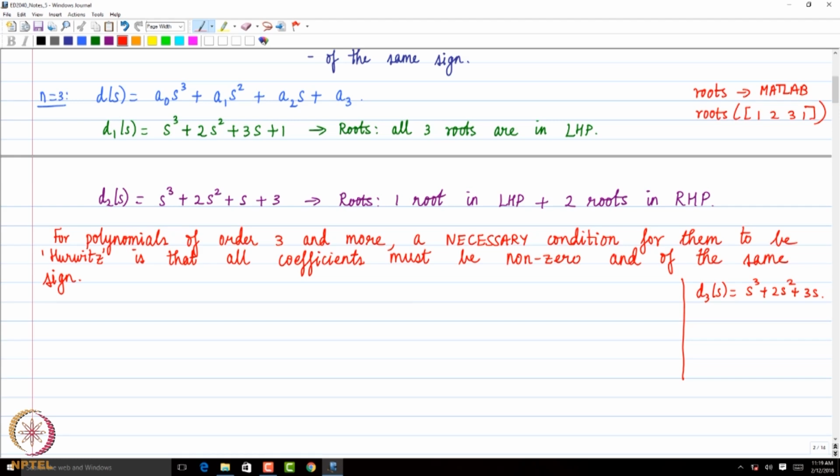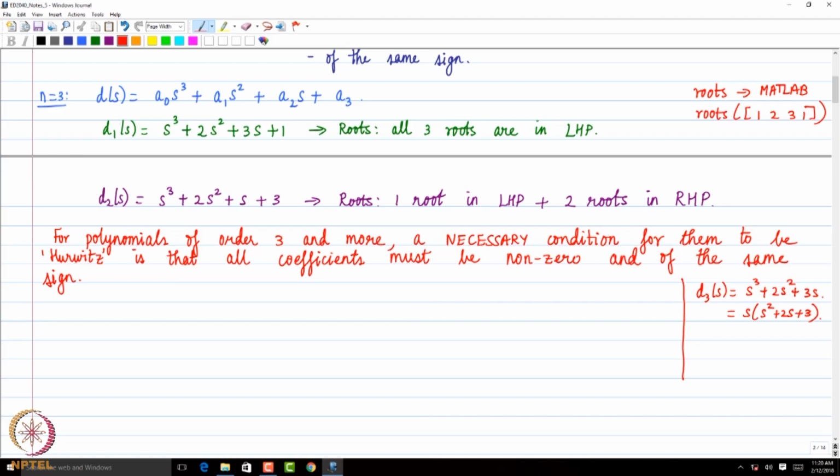No. So what are the roots? You can immediately compute. You can take s common, and this is what you have. So although 2 roots will be in the left of complex plane, you have a root at the origin. Gone, right? So you see that once you violate the necessary condition, you can immediately conclude that not all roots will be in the left of complex plane.